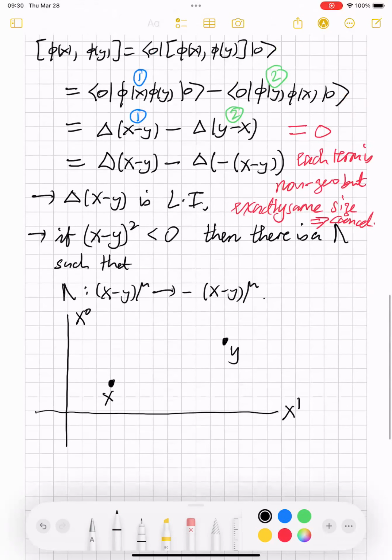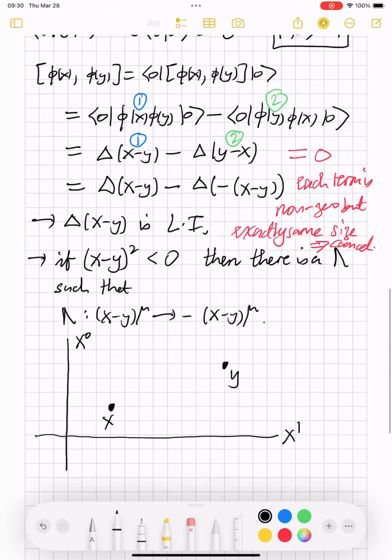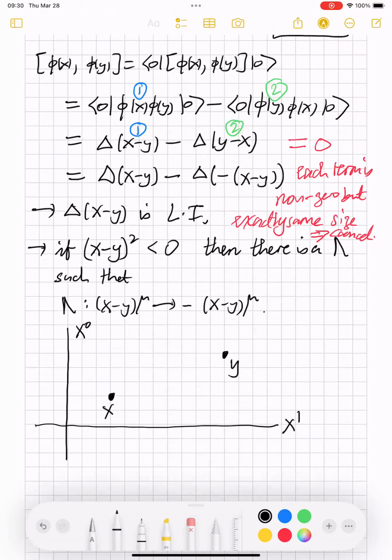Now, for the first term, well, let's start with the second term. We create a particle at x, and we destroy it at y. So what does this correspond to? We have a particle which is created at time tx, and it is destroyed at time ty. Now, what about this second term, term number 1?